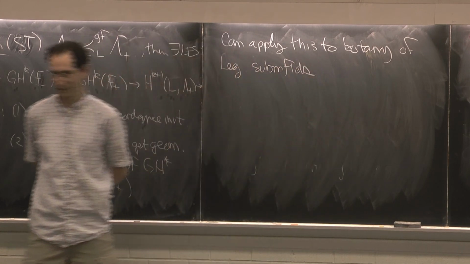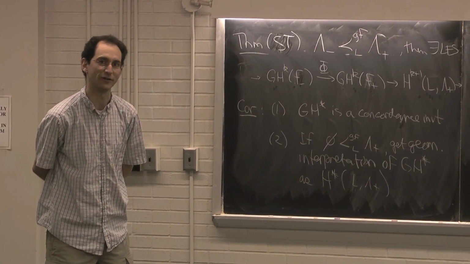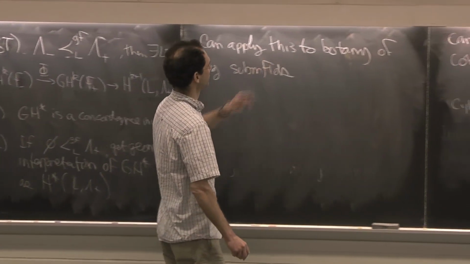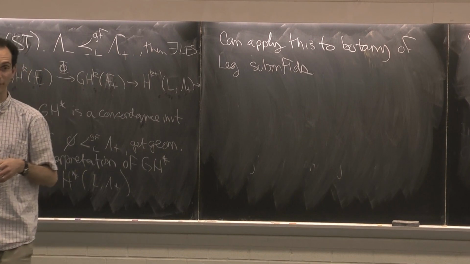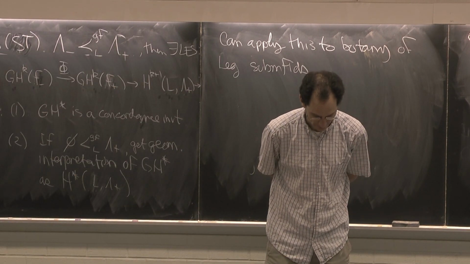Okay. In contrast to what Tom did, instead of talking about geography, we can talk about botany. Although, if I talk fast enough, I'll get to geography too. Maybe we'll get to geography too. We can actually talk about the botany of Legendrian submanifolds.